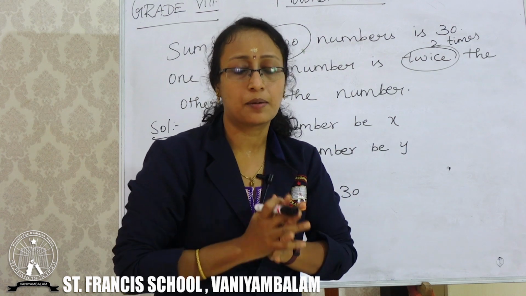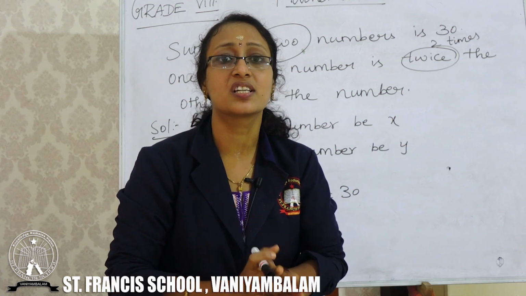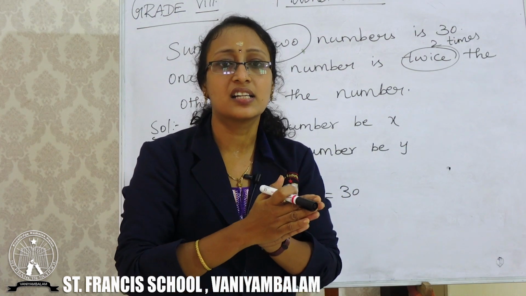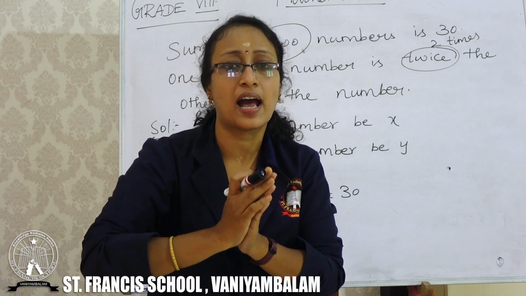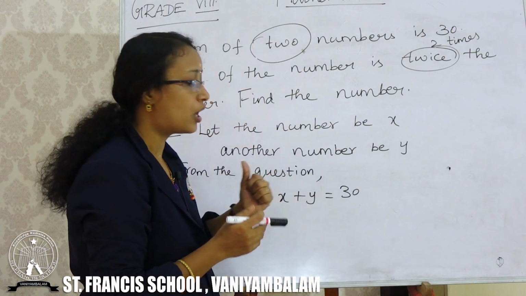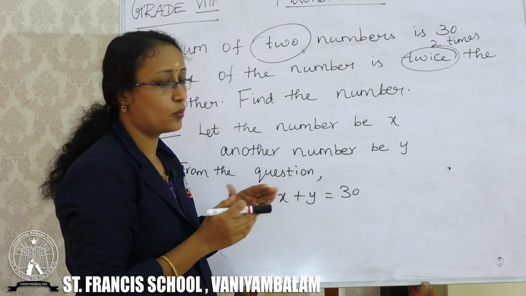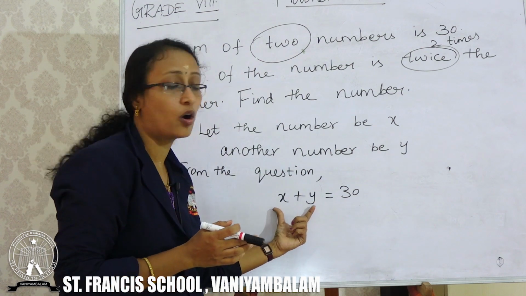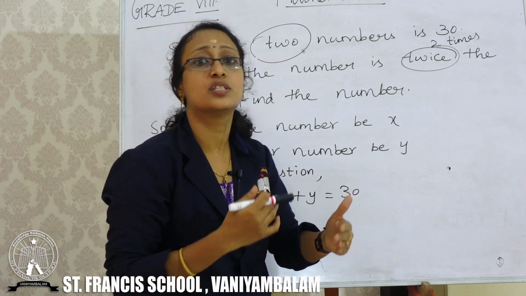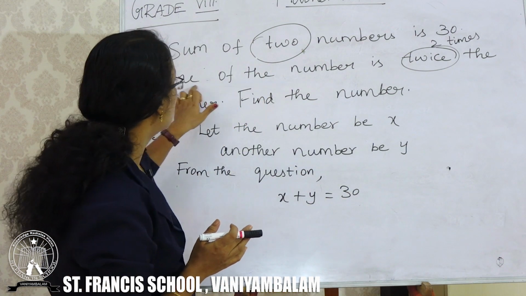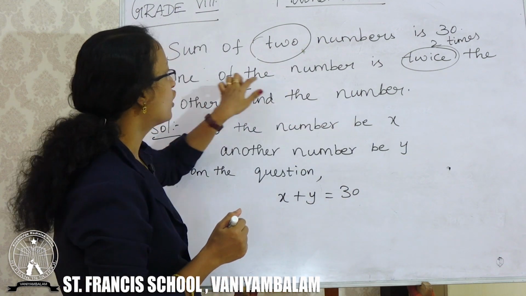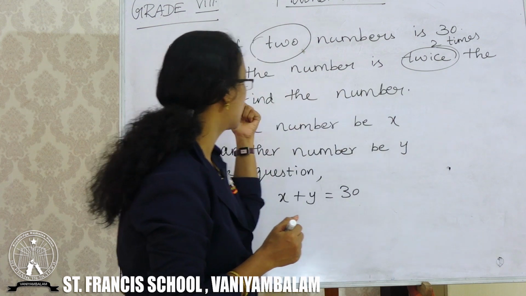But what is our chapter here? Linear equation in one variable. That is, your equation should have only one variable. I need only one variable, but here I have got two. So how will you change it to one variable? Check the second condition. One of the numbers is twice the other.